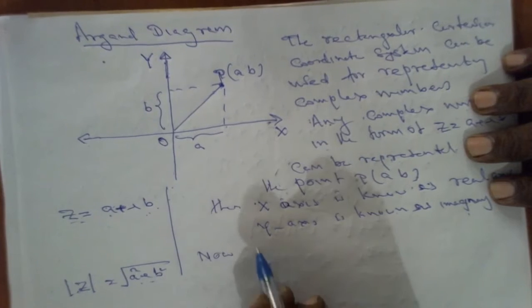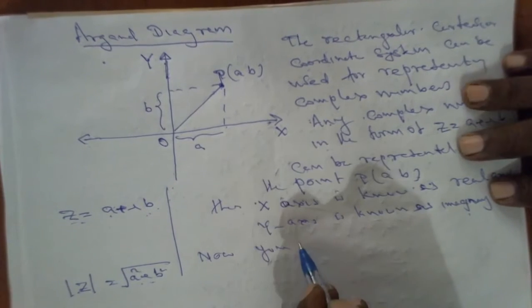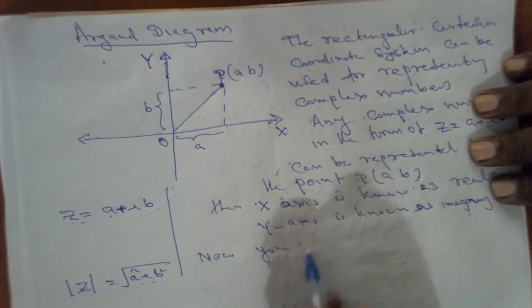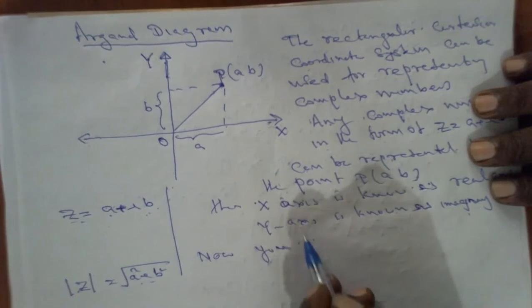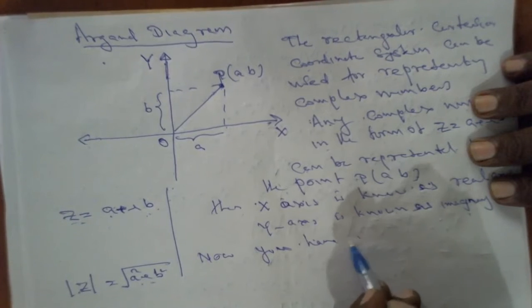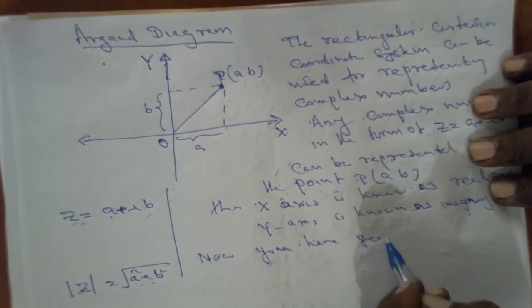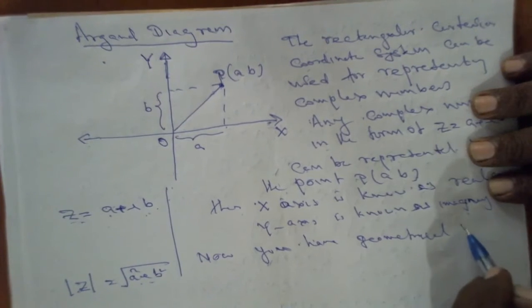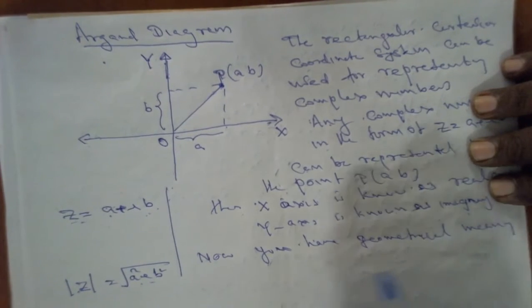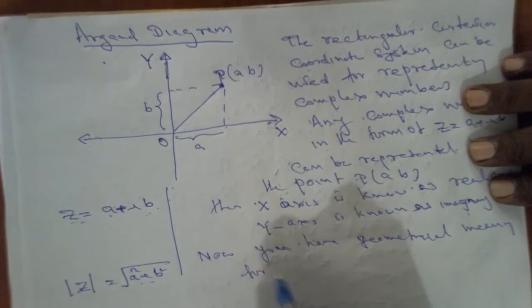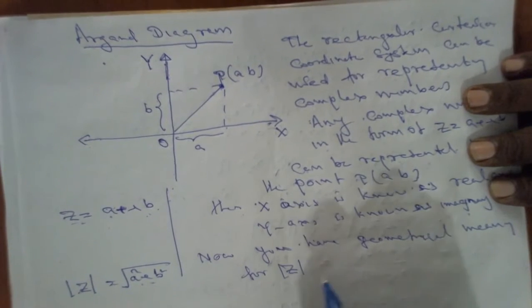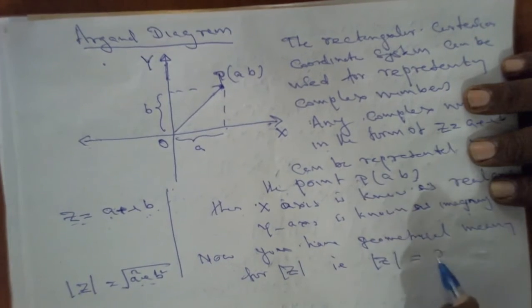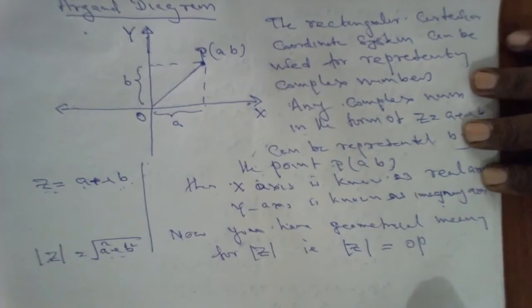The modulus is the length of the line OP. Now you have a geometrical meaning for mod Z. That is, mod Z equals length OP, right?